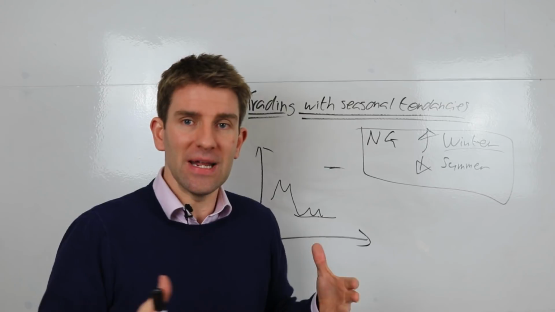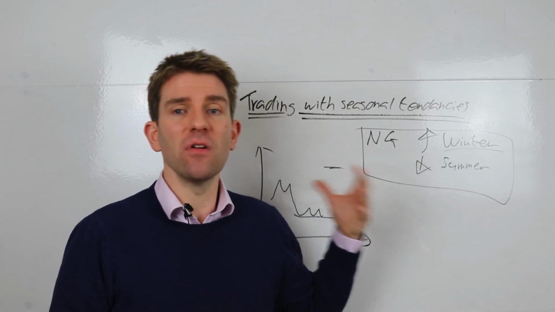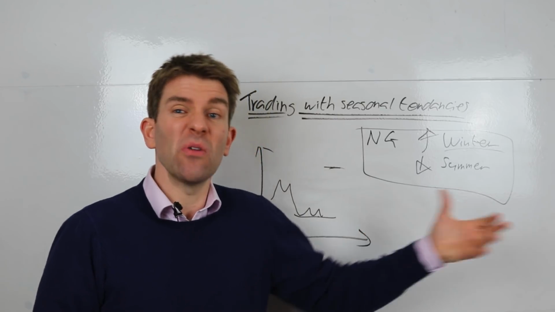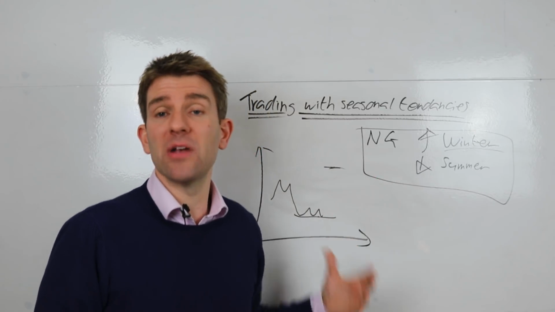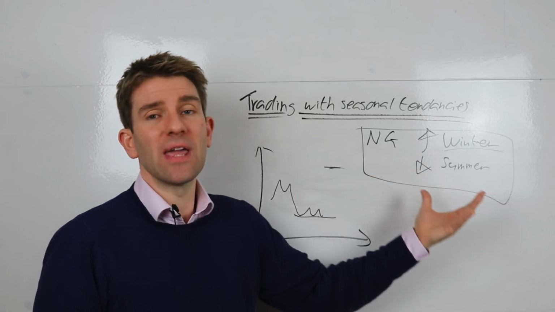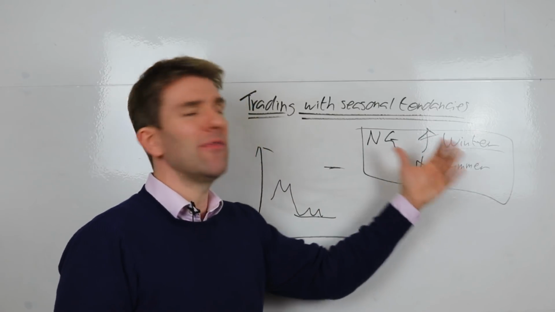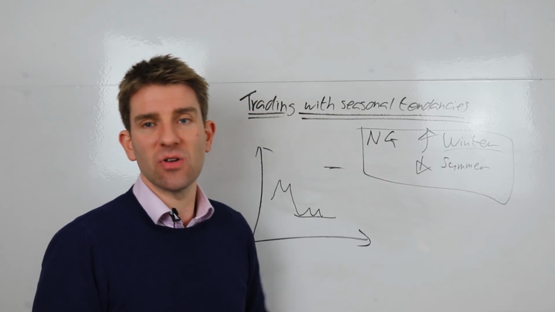So this is not set in stone, guys, and it may be of very limited use. So why not say, if it is going to work, I may as well align myself on the long side? To me, that makes perfect sense. You're not ignoring it, but you're not adding any additional weight to it. All you're saying is, if it's going to work, I may as well have it on my side than not.